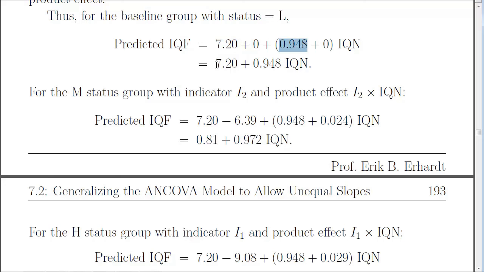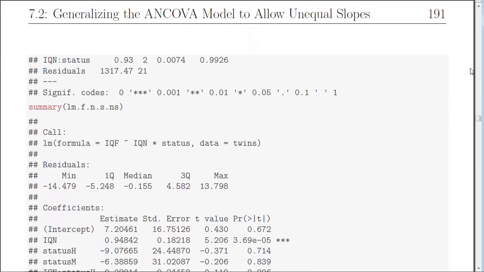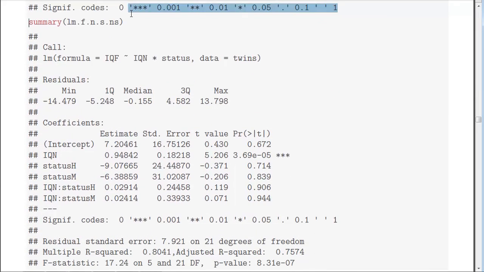And let's scroll up for a moment. So we've got 7.2 and 0.948. If I scroll up to the summary coefficient table, we have 7.2, which is the intercept, and 0.94, which is the slope for the baseline group.